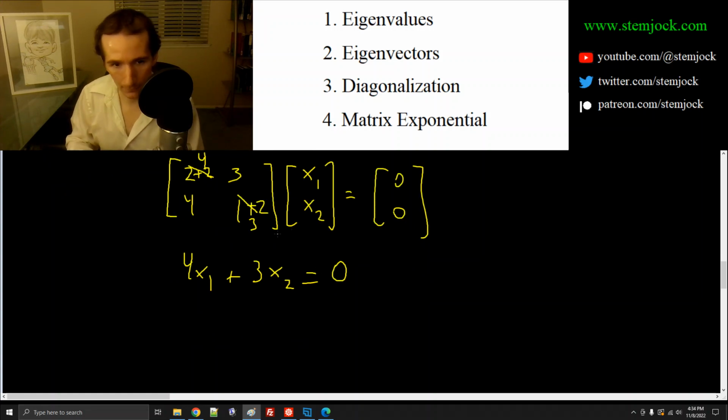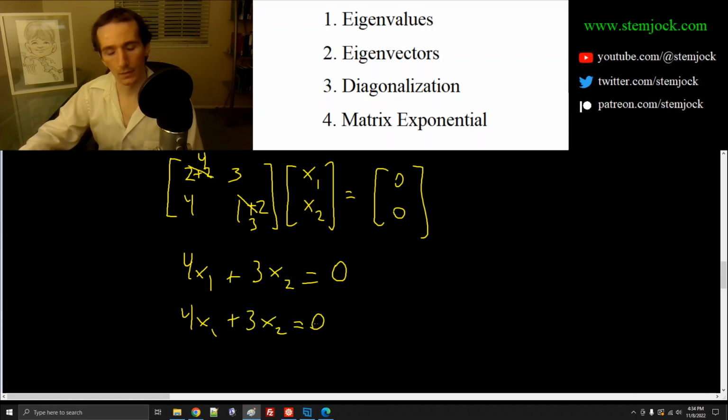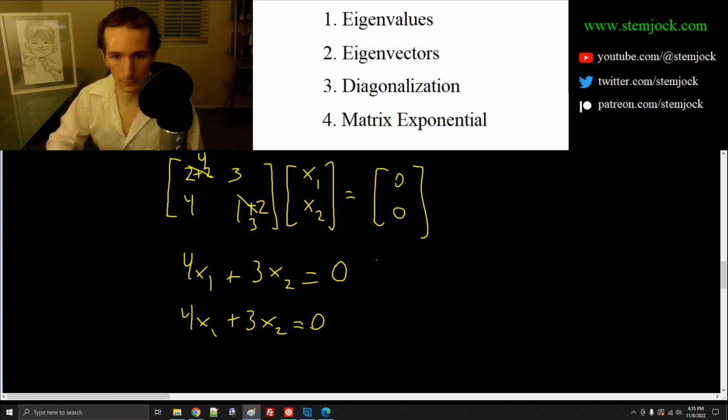And it just so happens that the equation on the bottom is the same thing, 4x1 plus 3x2 equals 0. So either way, we get the same result. So what we do now is we solve for either x1 or x2. I'm going to solve for x2, that's the way I usually do it.